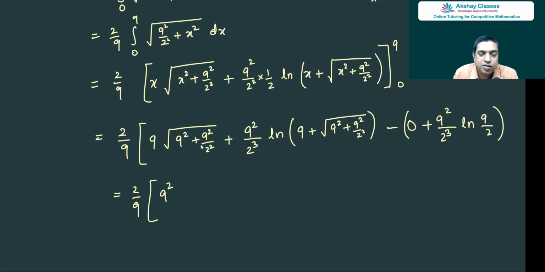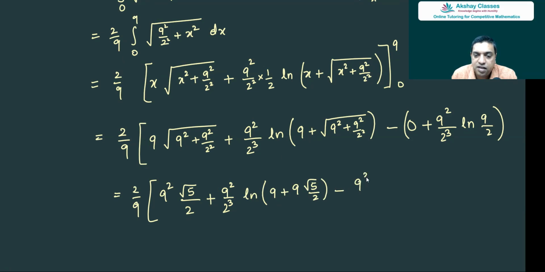So 4 plus 1, 5, under root 5 by under root 4, which is 2, plus 9 square by 2 cube, exactly the same, logarithm of 9 plus 9 under root 5 by 2, minus 9 square by 2 cube log of 9 upon 2.